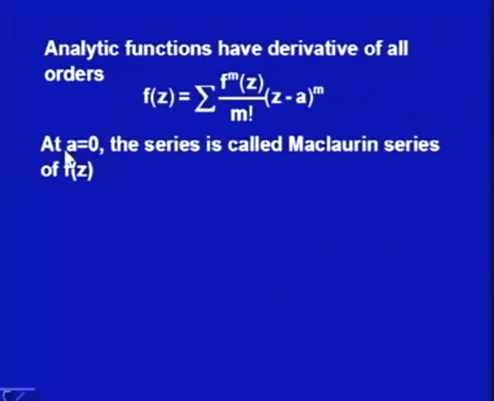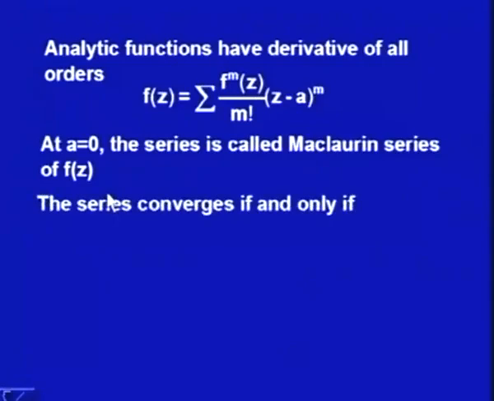At a equal to 0, this series is called the Maclaurin series of f(z). The series converges if and only if the limit of R_n(z) tends to 0 as n tends to infinity.